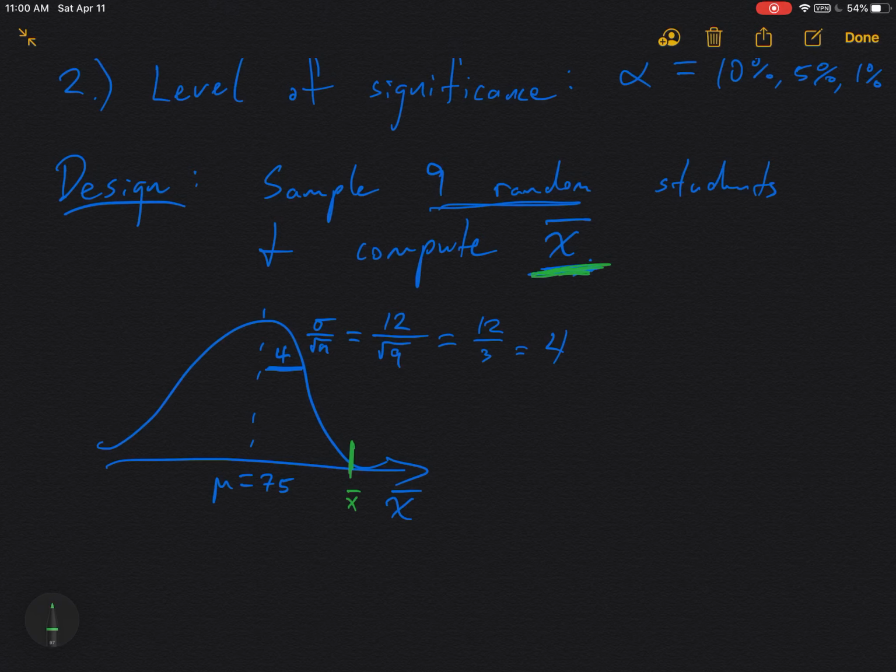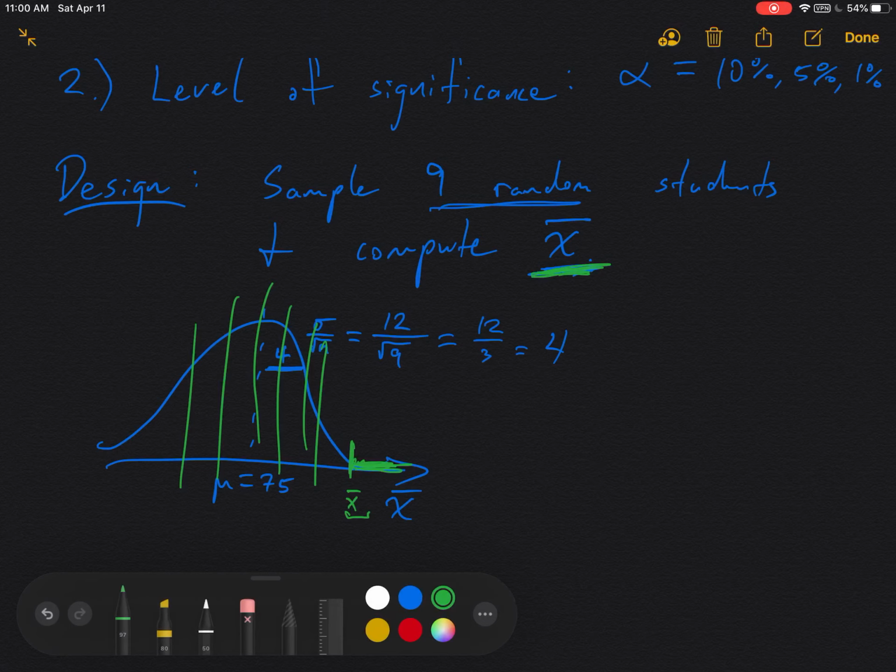If we end up getting an extreme X bar value, then what we can notice is that if the teacher was telling the truth, there's not very much likelihood that we get such an extreme X bar value that lives over here, because we know that most X bar values are supposed to fall within this middle region here. So if we get a very extreme X bar value, then we might be willing to reject the null hypothesis.